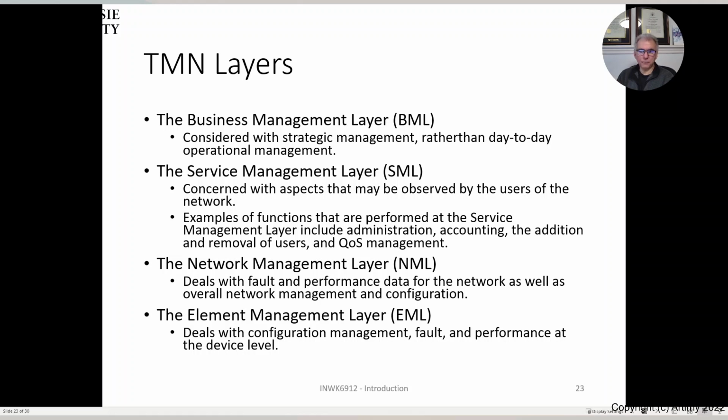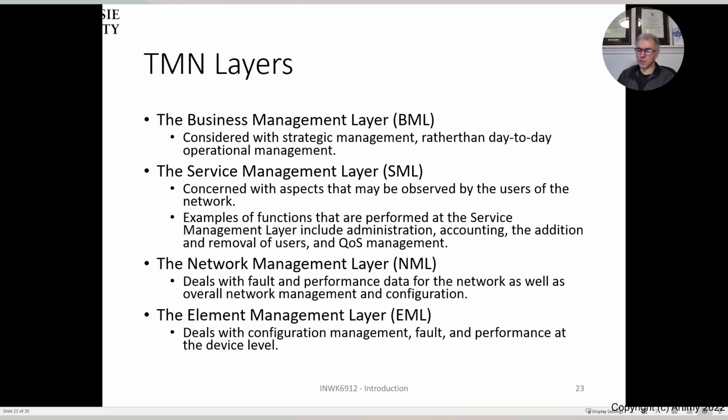Same thing with phone conversations. So the service management layer is concerned about things that the user is sensitive to or can observe, right? The temperature of the switch may not concern the user that much, but the latency concerns the user.